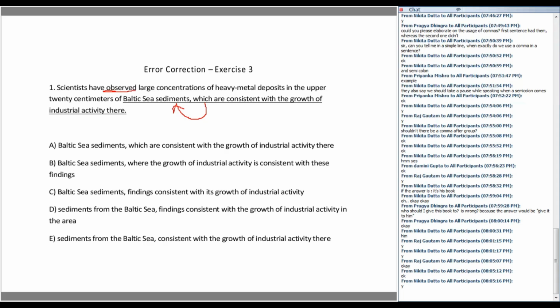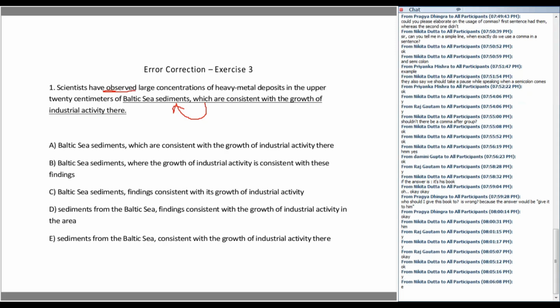Okay. So I think the answer for this question should be D. Scientists have observed large concentrations of heavy metal deposits in the upper 20 centimeters of sediments from the Baltic Sea, findings consistent with the growth of industrial activity in the area.